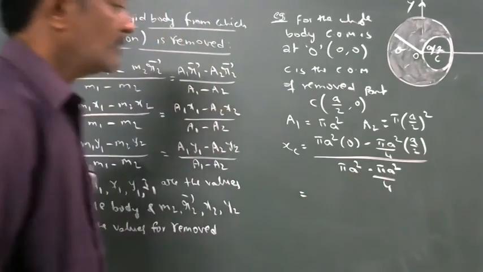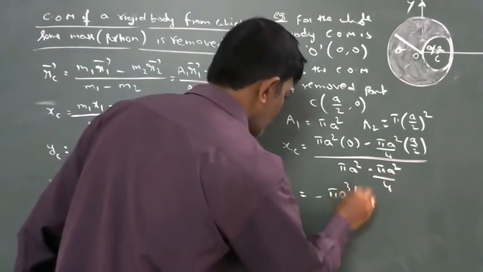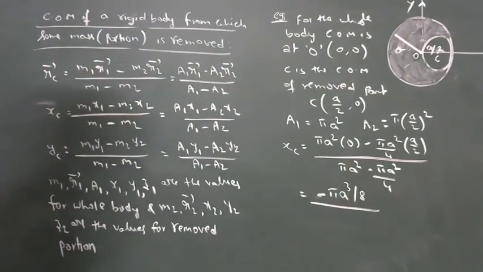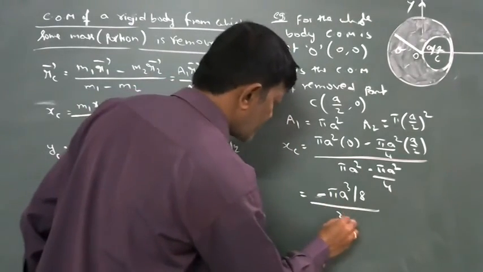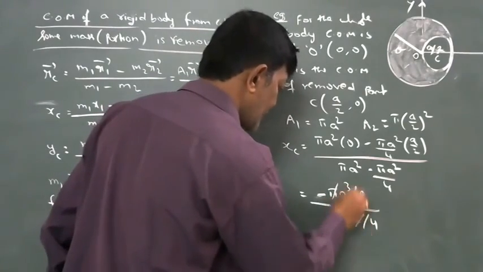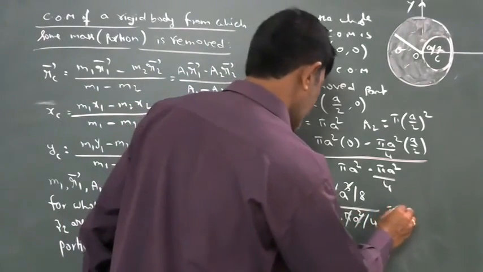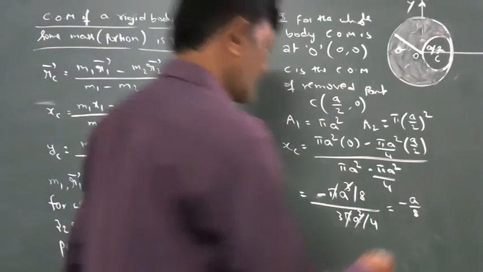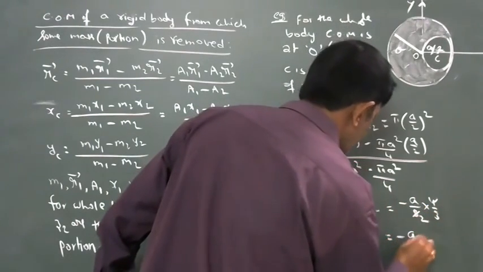This is equal to (pi a square into 0, minus pi a cube by 8) divided by (3 pi a square by 4). Pi gets cancelled, a square cancels, a cube by 8 leaves a by 8. So this is equal to minus a by 8 divided by 3 by 4, that is into 4 by 3. 4 cancels 8 two times. This is equal to minus a by 6.